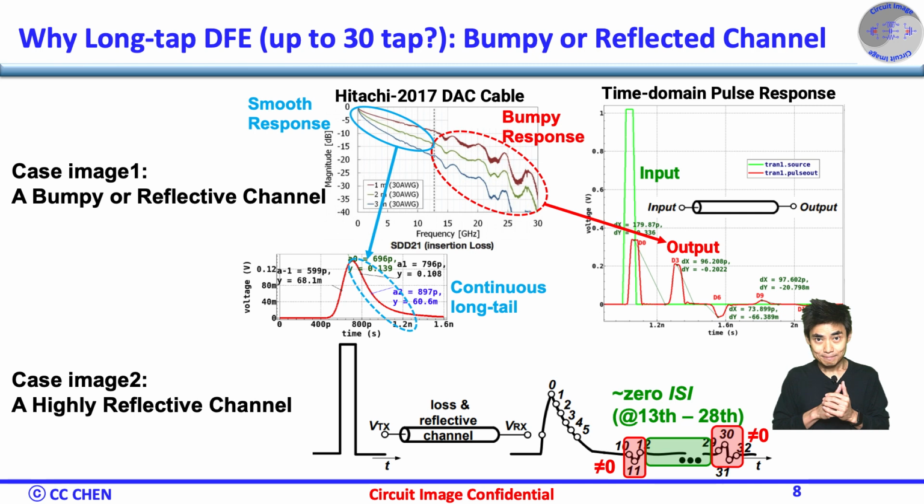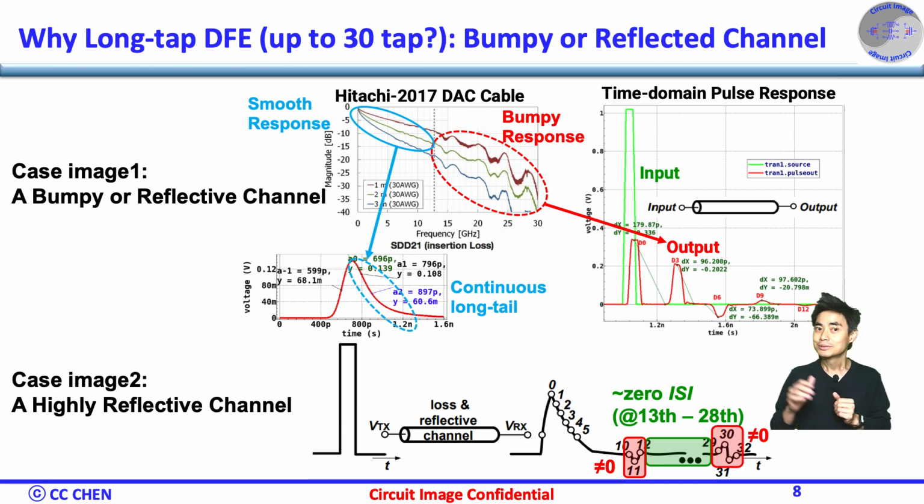low-pass response. Under such a highly reflective channel image, the time domain pulse response might not only show you the non-zero ISI at 11 UI delay, but also a noticeable big ISI at 30 UI delay.